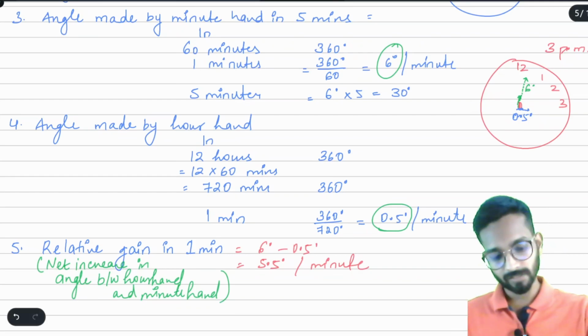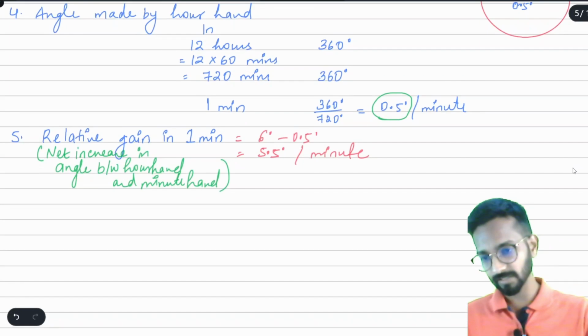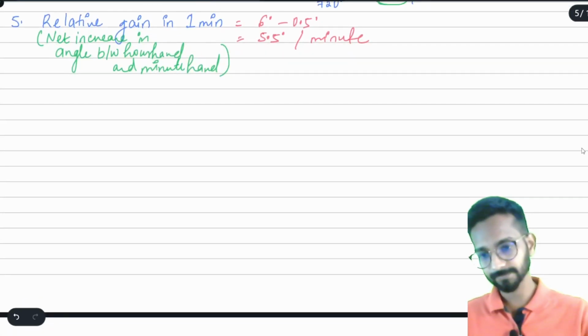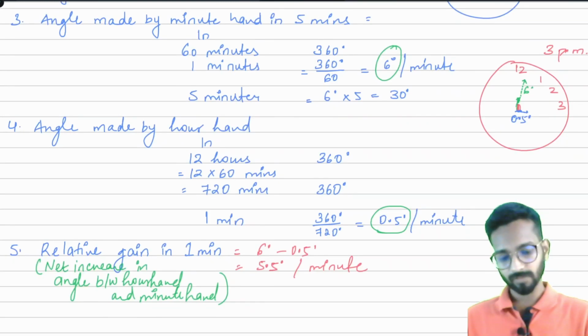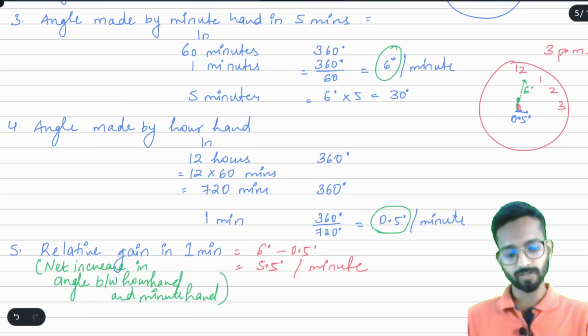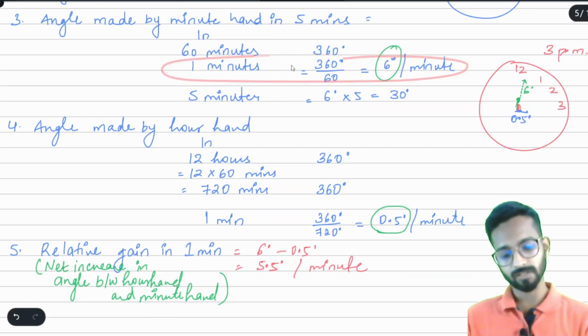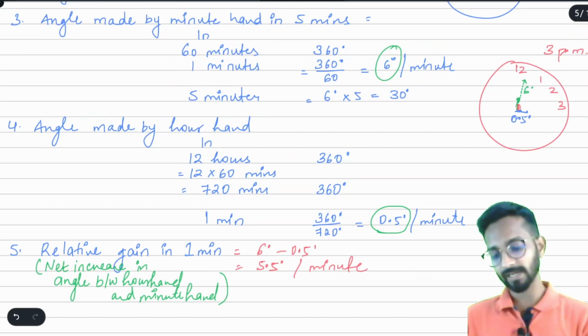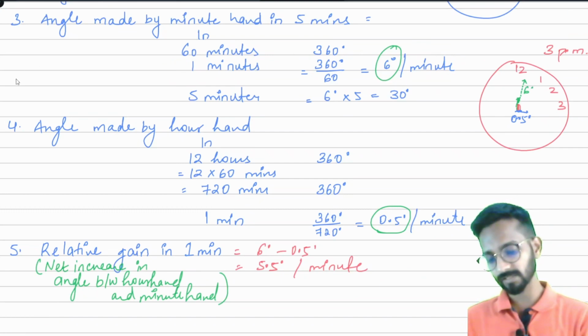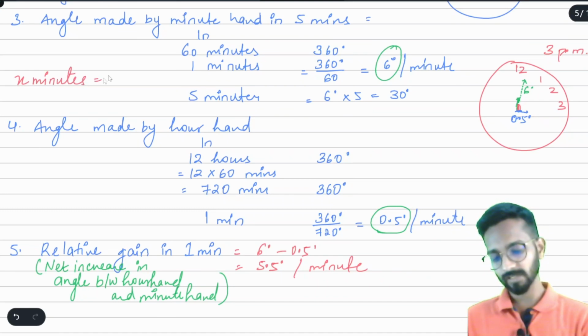Now, we have to understand a few more concepts here. By learning this, we can also deduce a few things, such as the angle made by the minute hand in 5 minutes. This we learnt: the angle made by the minute hand in 1 minute is 6 degrees. Okay, so if I have to tell you the angle it will make in x minutes, you will say in x minutes it will make 6x degrees.